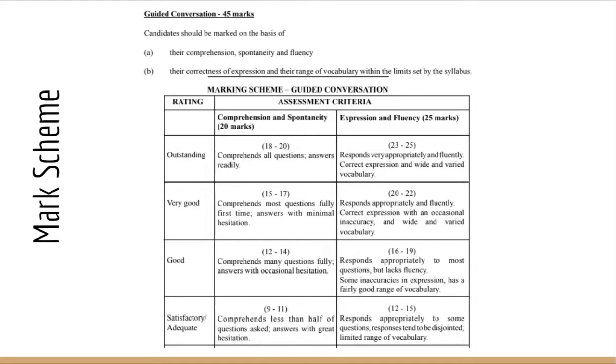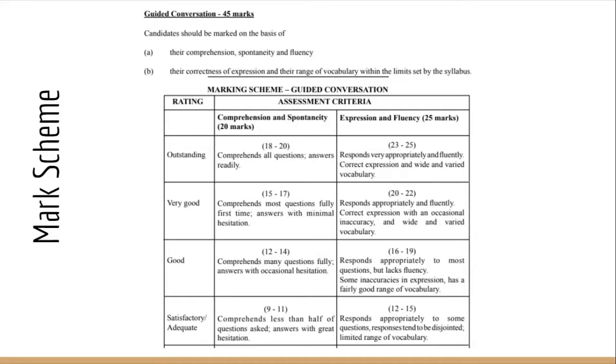No hesitation at all. You just answer, I wouldn't say like a machine, but it just means that your level of Spanish as it relates to comprehension and readiness of responding is on point. All right, so you'd want to aim for this, because this is where you'd want to get the highest marks, to score as highly as possible.